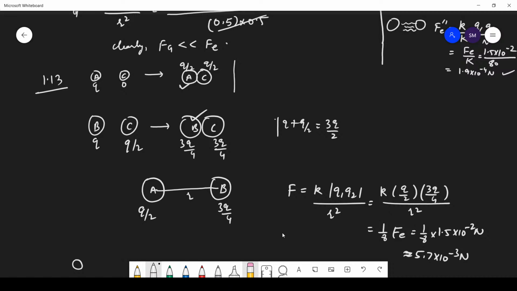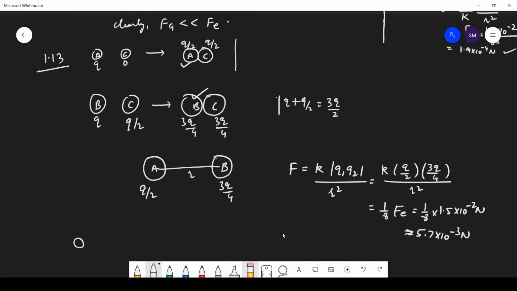Now the next question. So students, as I am regularly telling you, you should first of all try these numericals yourself one by one, and if you don't know the answer then you can look at the solutions.